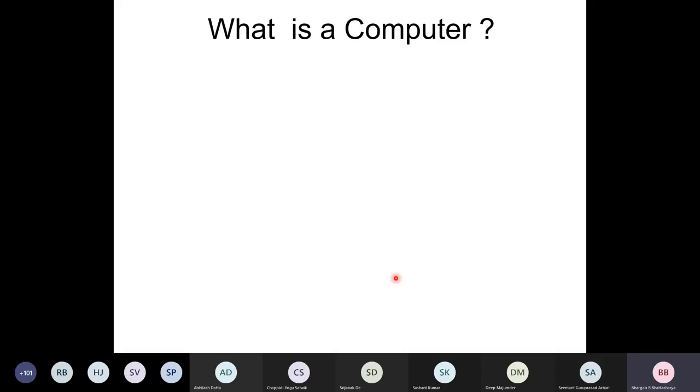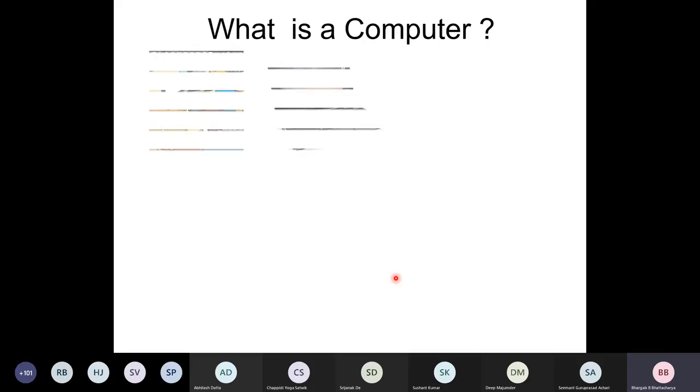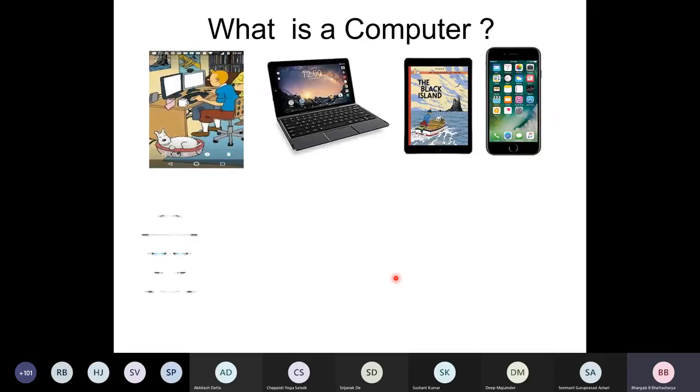So let me start with a very silly question, what is a computer? You are now immersed in technology, and to a student today, this is a very silly question. Computers have become inevitable in every sphere of society nowadays, and they are considered somewhat similar to fire and electricity, right?